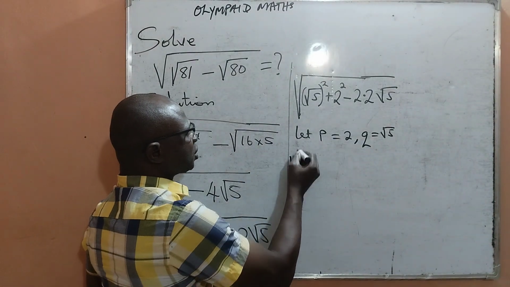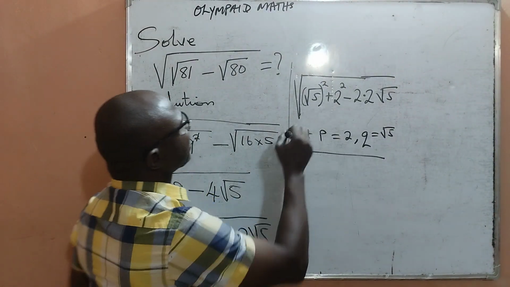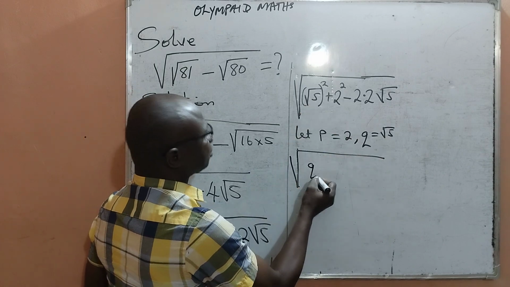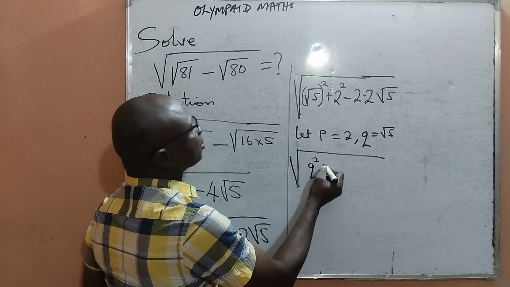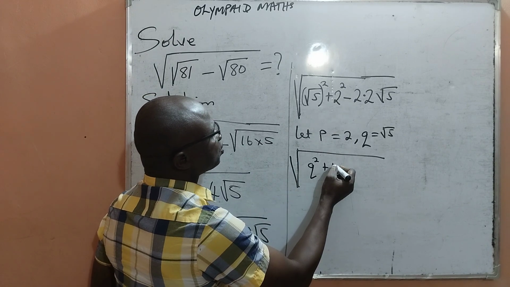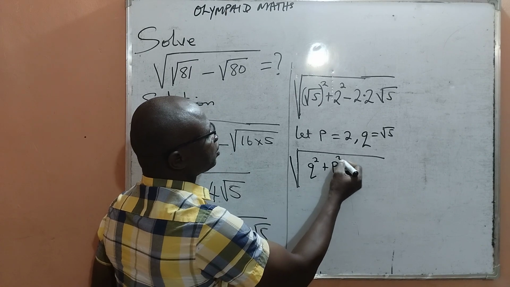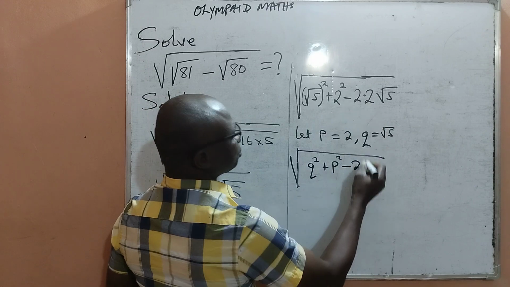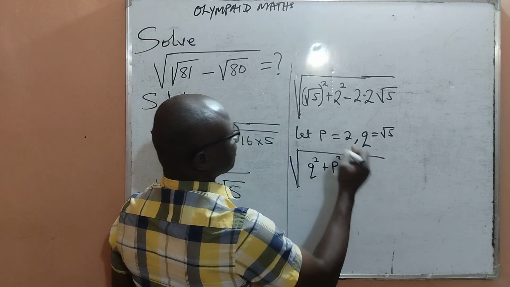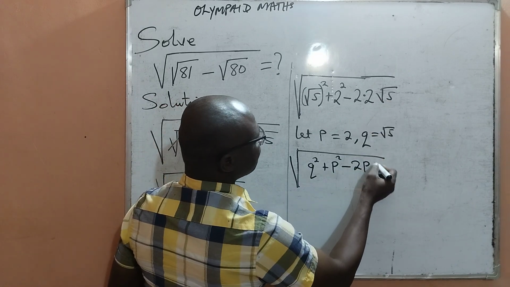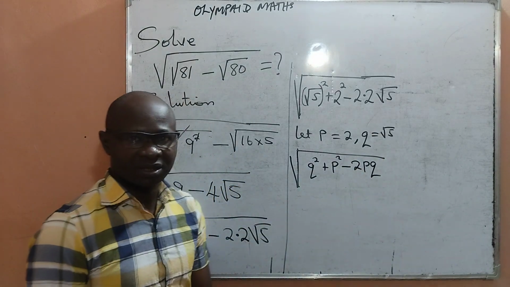That means by substitution into this question now, I will have the square root of 5, which is letter Q, raised to the power 2, plus 2, which is now P, that becomes P raised to the power 2. Then minus 2, which is P, times the square root of 5, which is Q. Very correct.